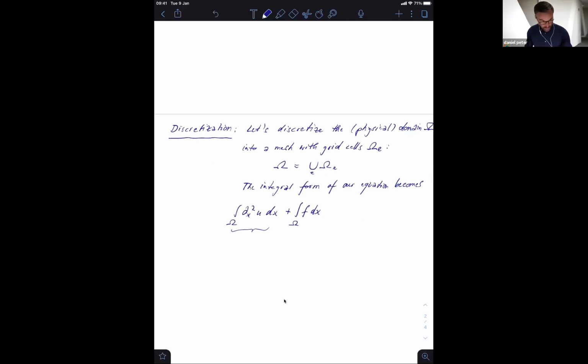So this would be the diffusion term, and this would be our force term. Now it becomes just the sum over all these grid cells of the integral over the grid cell of the u dx, and the same for the force, dx equals 0. That was the equation.